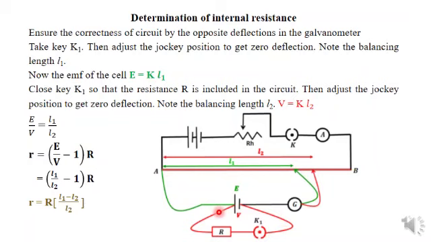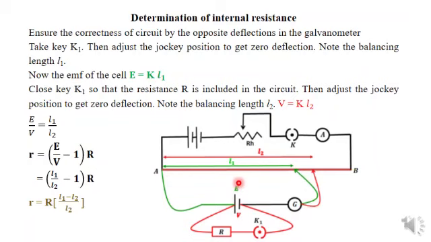Ensure the connections of the circuit by the opposite deflection in the galvanometer after keeping the jockey at a point near A as well as at a point near B. When key K1 is removed, the cell is in the open circuit. This time the cell has EMF E.